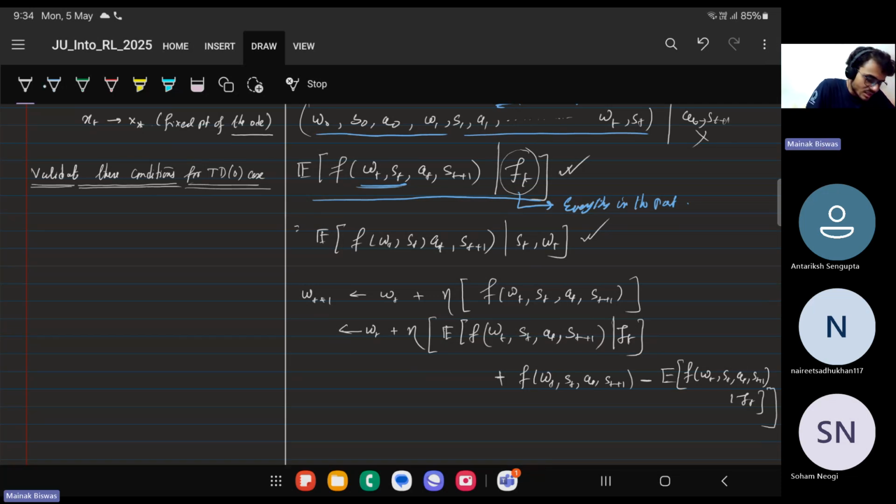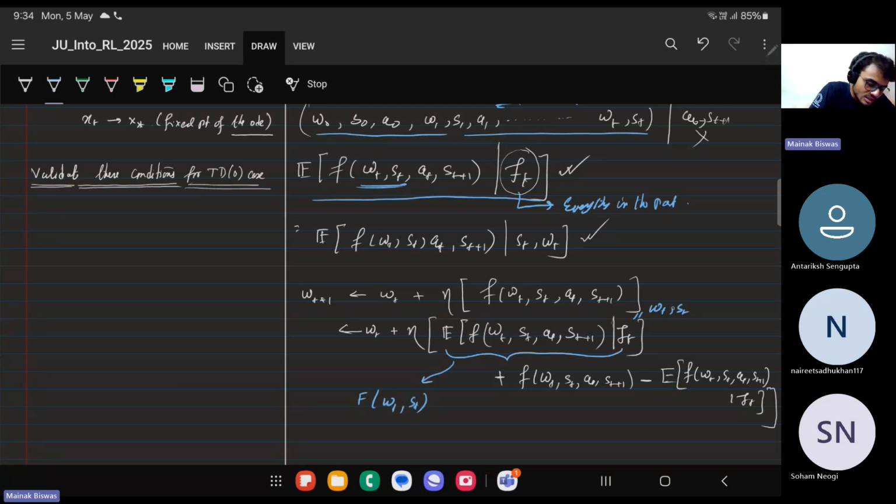As we can see, the second and the third thing totally should come to 0, right? Exactly. Given ft, that will come to 0. So for this term, people who have understood conditional expectation, can you tell me what this will be a function of? WT and ST. Very good.